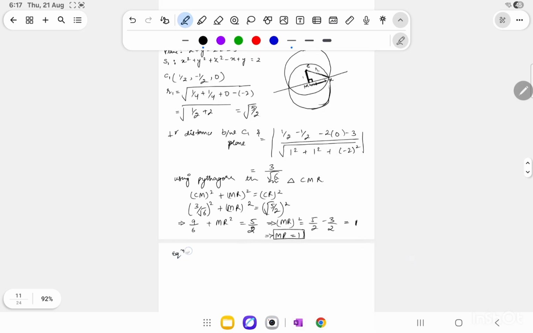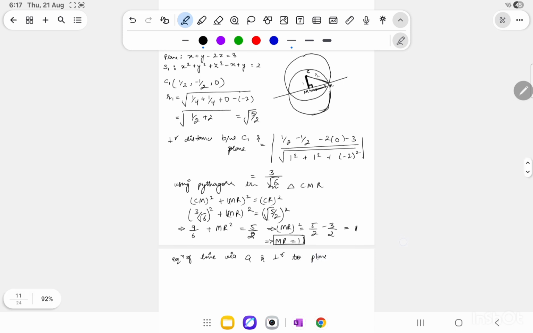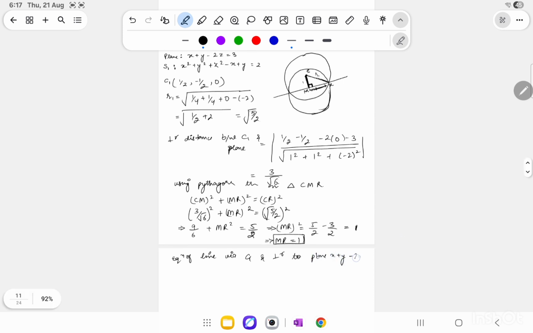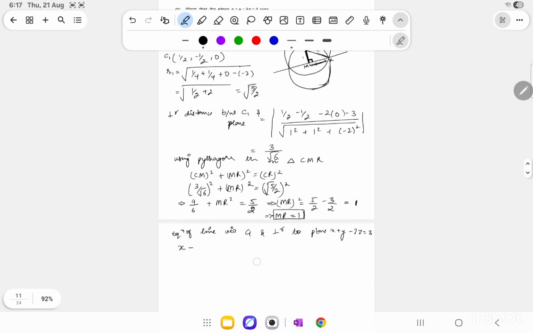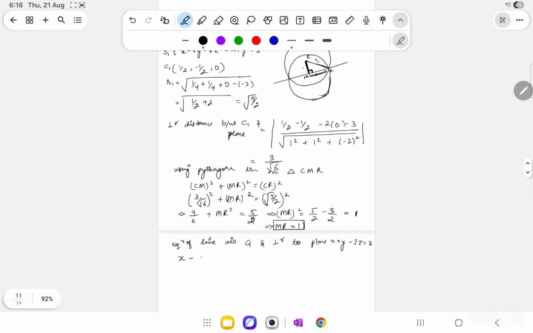So the equation of the line passing via C and C1 and perpendicular to the plane x plus y minus 2z equals 3 will be (x minus 1 by 2) upon 1 equals (y plus 1 by 2) upon 1 equals (z minus 0) upon minus 2, where 1, 1 and minus 2 are basically the direction ratios of the normal to the given plane.